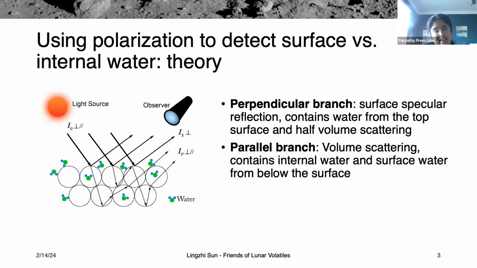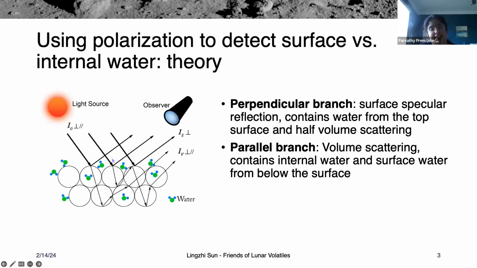I'm trying to think how to ask this, but is it really picking up the difference between adsorbed versus internal water, or are you also sensitive to differences in hydration with depth? I guess there's some penetration, but is it the surface reflection?